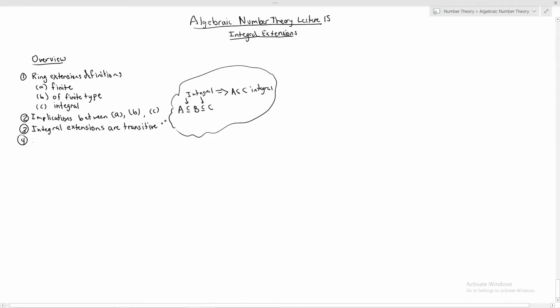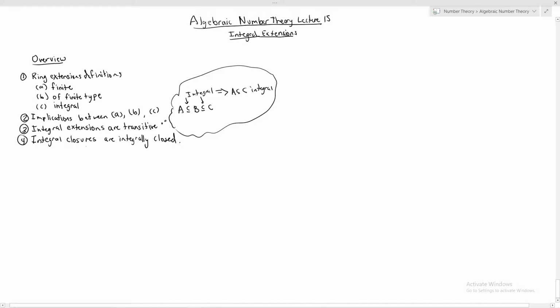we're going to use 3 basically to prove that integral closures are integrally closed. Kind of a weird statement. So what do I mean by this?